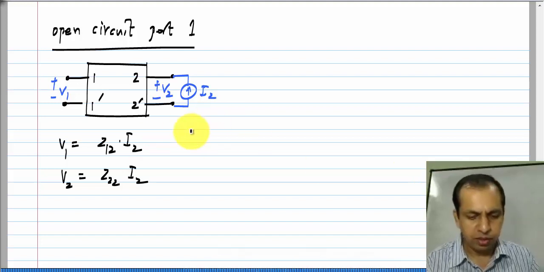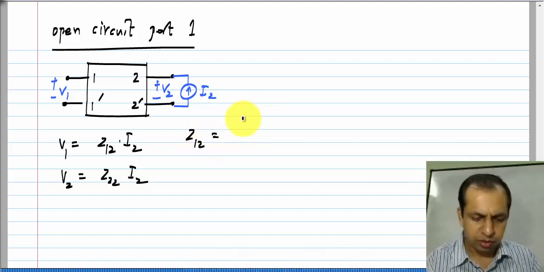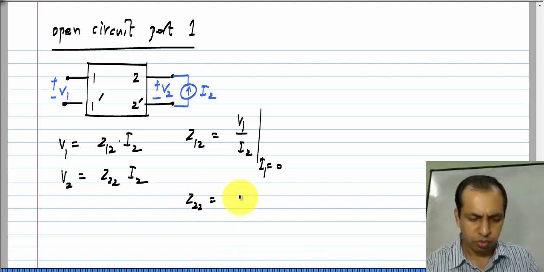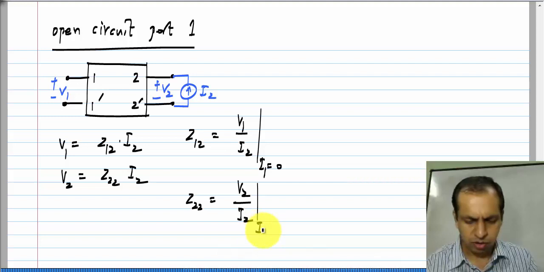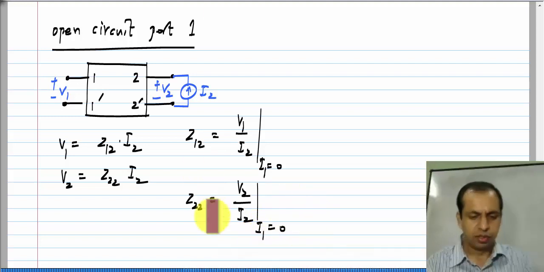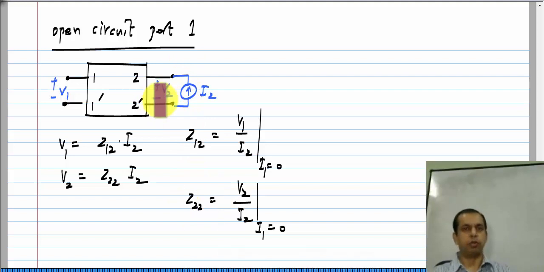So, from these we get Z 12 to be V 1 by I 2 with I 1 set to 0, that is port 1 open circuited, and Z 22 is V 2 by I 2 with I 1 set to 0. That is Z 22 is the resistance looking into port 2 with port 1 open circuited, and Z 12 is the trans resistance from port 2 to port 1 with port 1 open circuited.